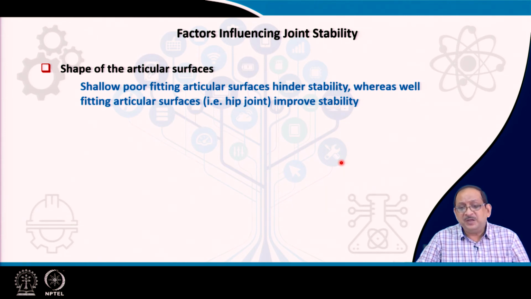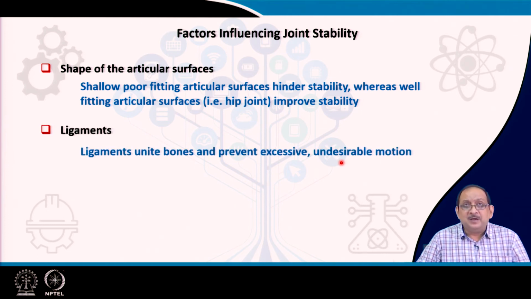Shallow, poor fitting articular surfaces hinder stability, whereas well fitted articular surfaces, for example the hip joint, improve stability. The second is the role of the ligaments. The ligaments unite bones and prevent excessive and undesirable motion.